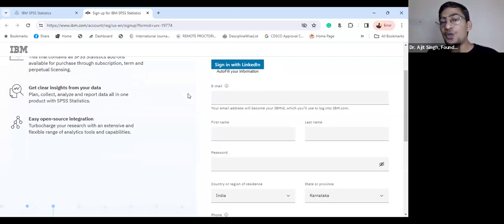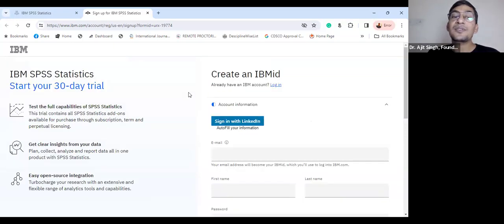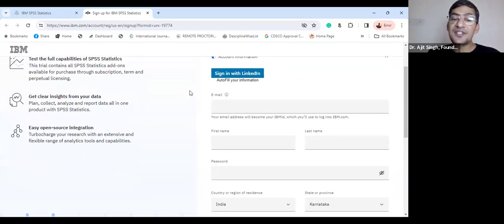Once you download this software, you will get it for 30 days free of cost. After 30 days, even if you try with another email ID, it will not be downloaded on your computer. Even if you delete the software entirely from your computer, you will not be able to download the trial version, because it leaves spyware in your computer.